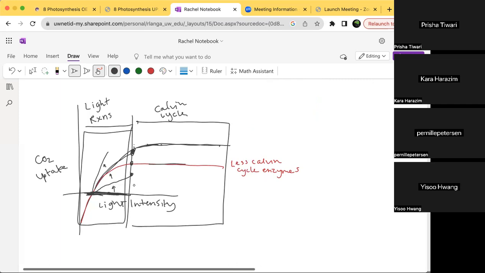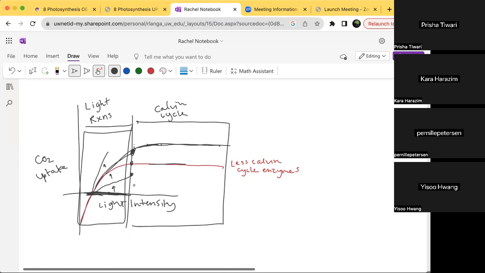But then if we are changing that portion, then wouldn't it mean that the Calvin cycle does affect the light reaction? Because isn't that the part that we're changing?